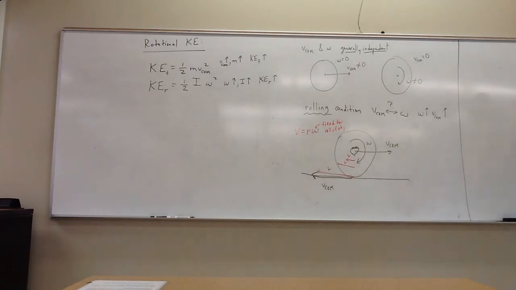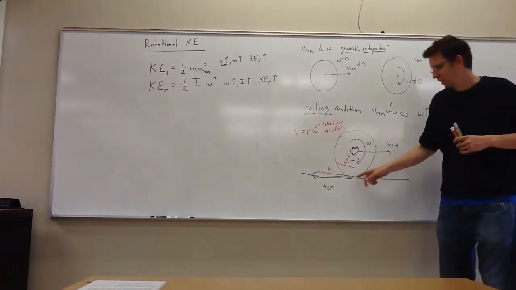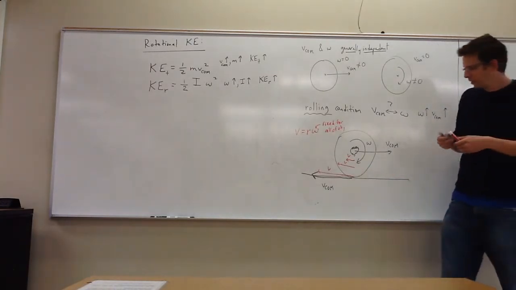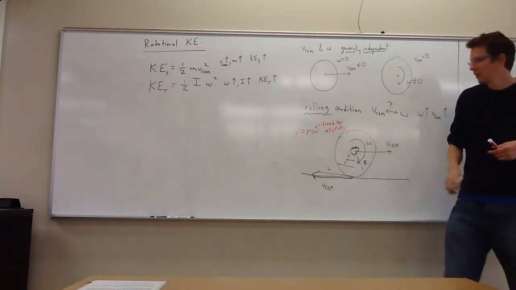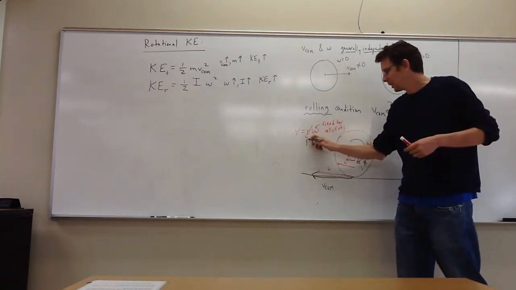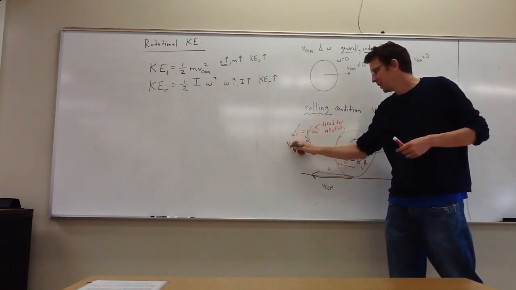So which point is going to be moving the fastest again? The edge, okay? So let's call the outer radius of this capital R, as we've been doing, and if I put in capital R, I'll get the maximum speed, which is the speed of the rim.